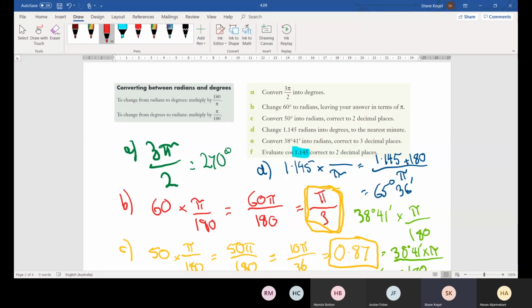I've heard of people taking one calculator to the HSC that's in degrees mode and the other in radians, so that they don't slip up and make an error. Basically, whenever we're dealing with sine, cos, and tan, if we're dealing in degrees, we need to make sure we're in degrees mode, and if it's a radians measurement, we need to make sure we're in radians mode. Otherwise, we're going to get the wrong answer.